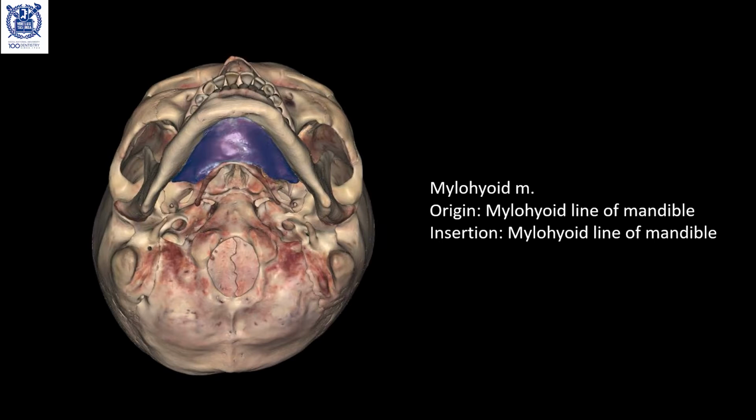The two mylohyoid muscles arise from the mylohyoid line of the mandible, which extends from the mandibular symphysis in front to the last molar tooth behind. The posterior fibers pass inferomedially and insert at the anterior surface of the hyoid bone. The medial fibers of the two mylohyoid muscles unite in a midline raphe, where the two muscles are intermeshed.